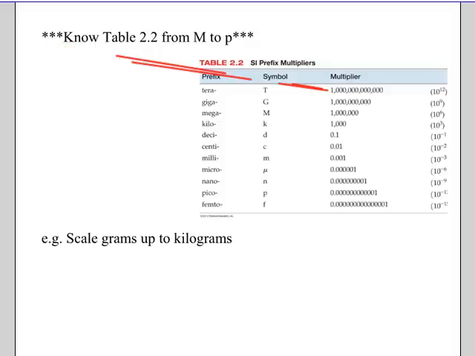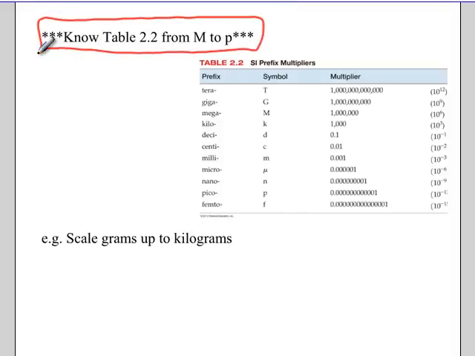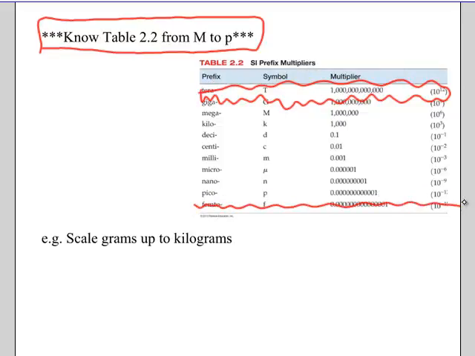This is one of the things that you just have to memorize. You're responsible for knowing table 2.2 from capital M to lowercase p. So these two at the top, tera and giga, you don't have to worry about. And the last one, femto, you don't have to worry about.